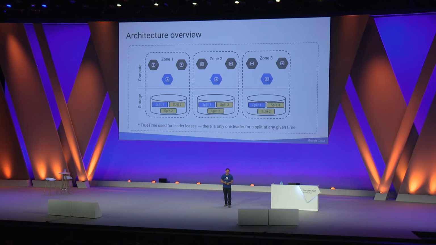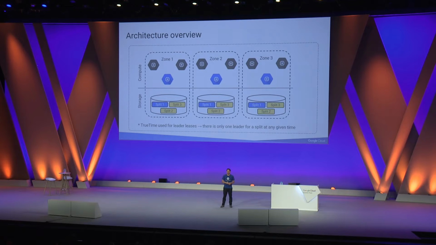And then you have storage assigned to those that can be used by these nodes. Now if you want to distribute the reads and writes, you take these splits and assign them to a set of nodes across these 3 zones.